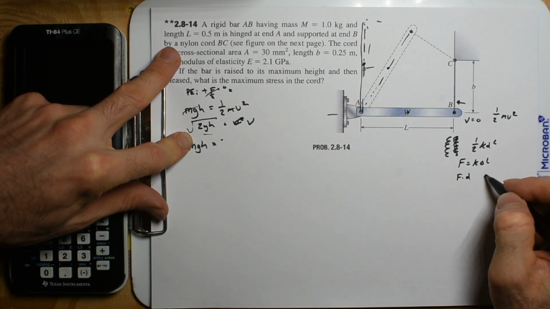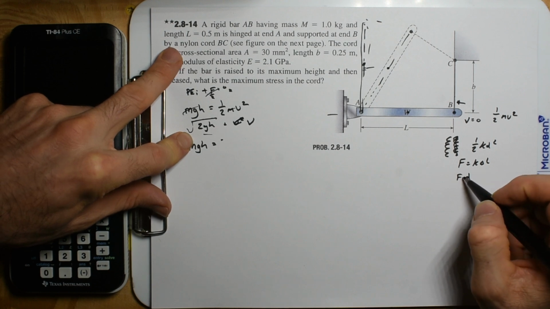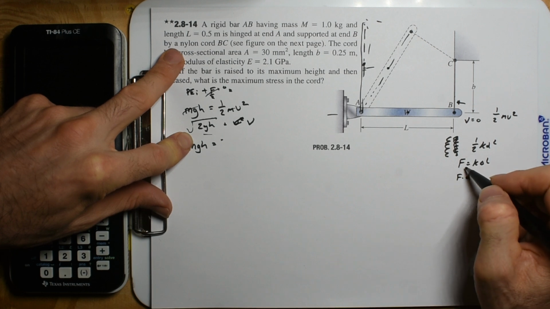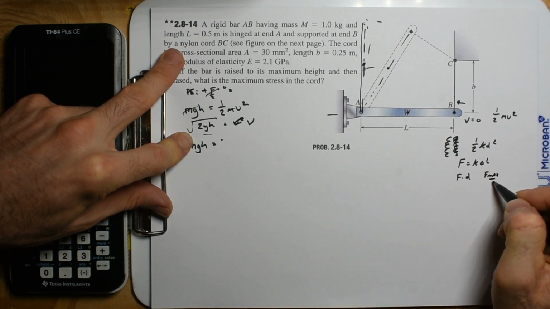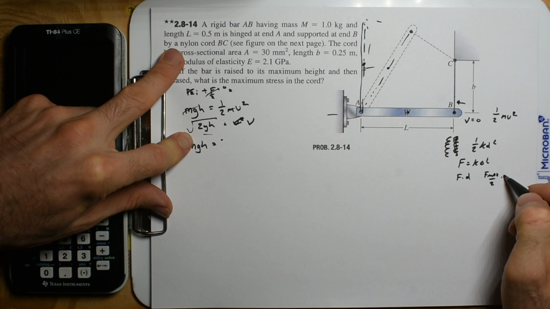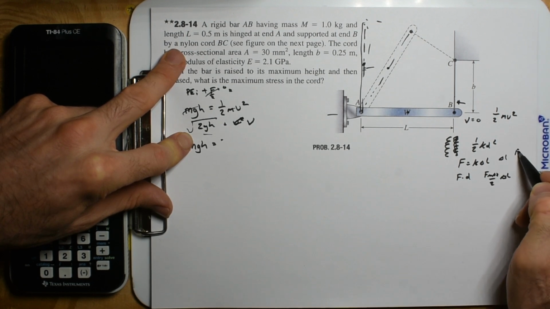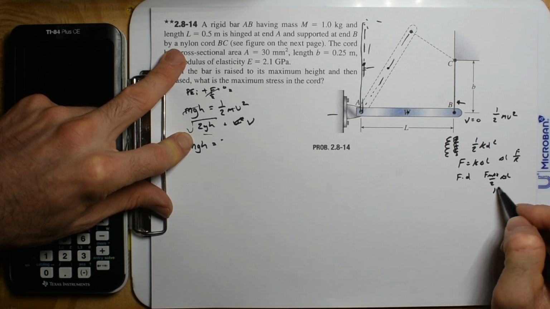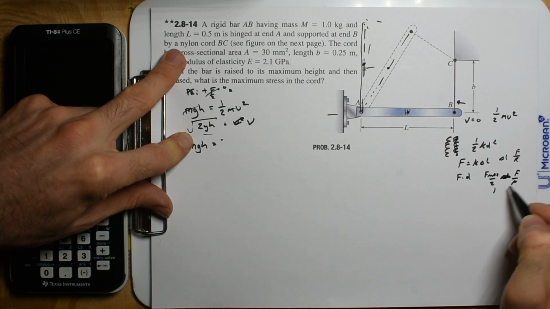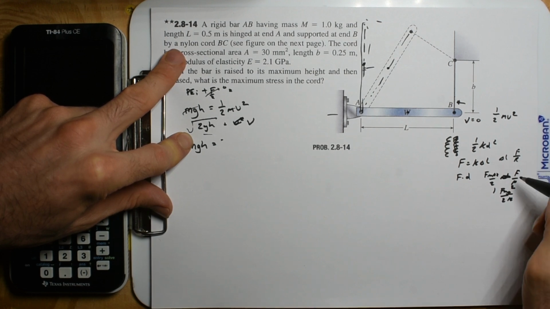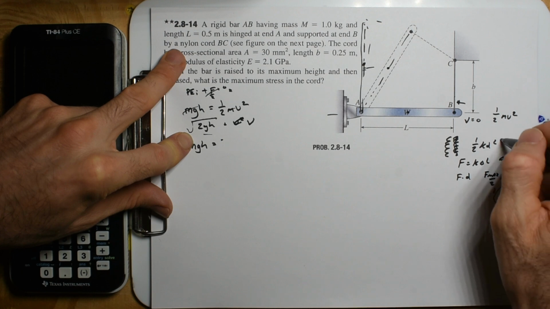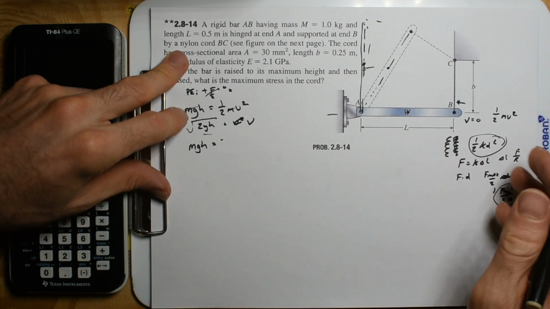The force is actually the force max divided by 2, because you need the average force times change in length. Change in length is force over k, so you throw in force over k here, and now you get force max squared divided by 2k. That is equivalent to this, but that's for when we finish.